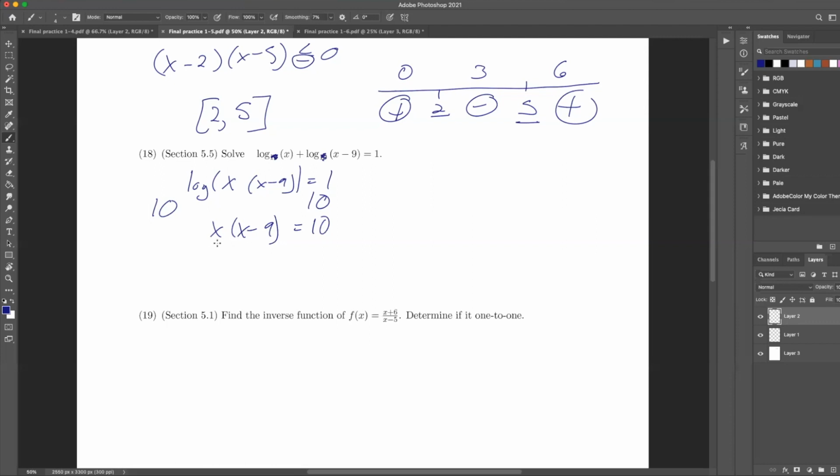And then here we just solve for it. So we're moving the x, so we have x squared minus 9x. Move the 10 over, minus 10 equal to 0. I don't know if this factors all that nicely from here.